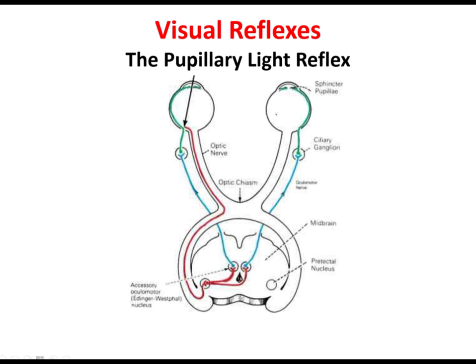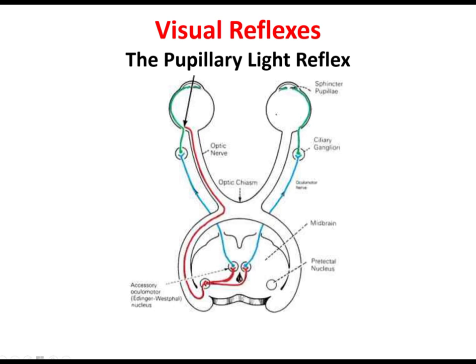Now, one additional thing I'd like to talk about is the visual reflexes. Here we're talking about the pupillary light reflex, where light reaches the retina, and you know that in response to bright light, the pupils will constrict. So now we're going to talk about the pathways for the visual reflexes.